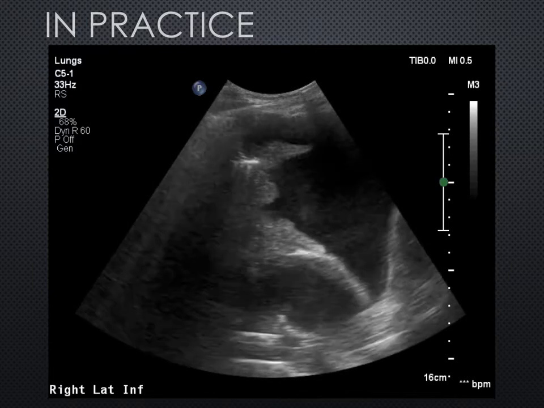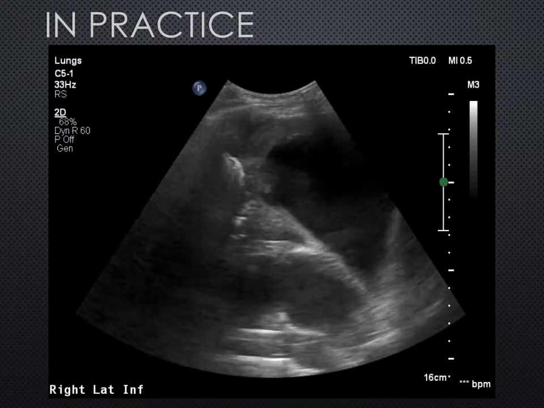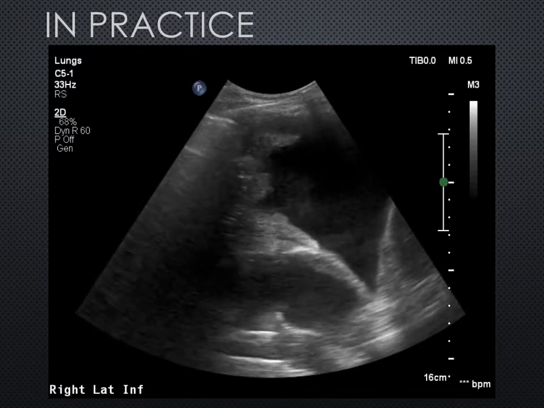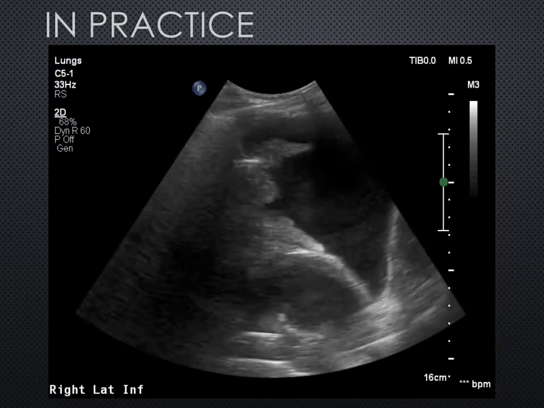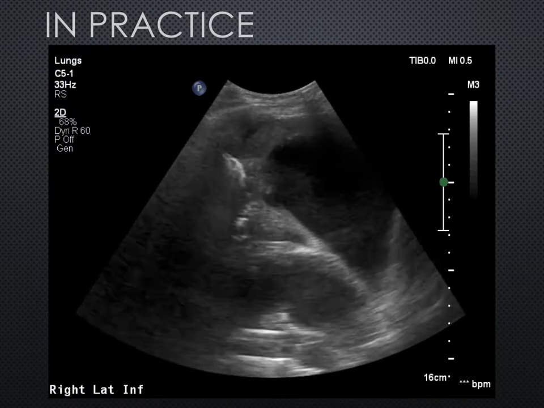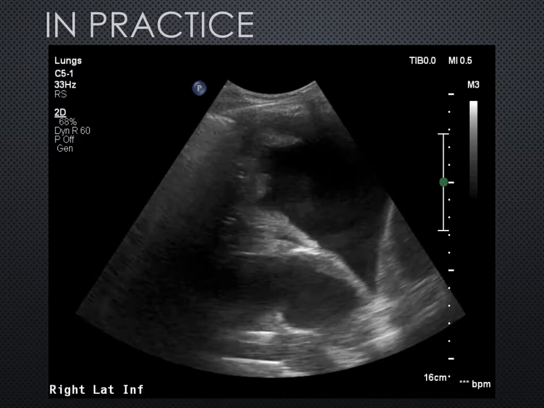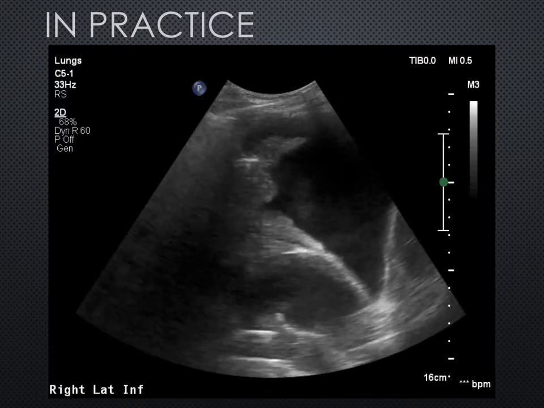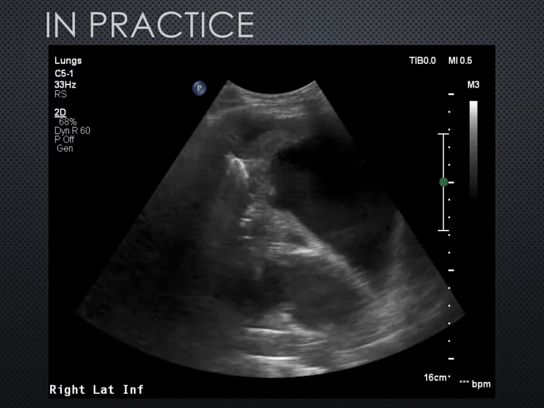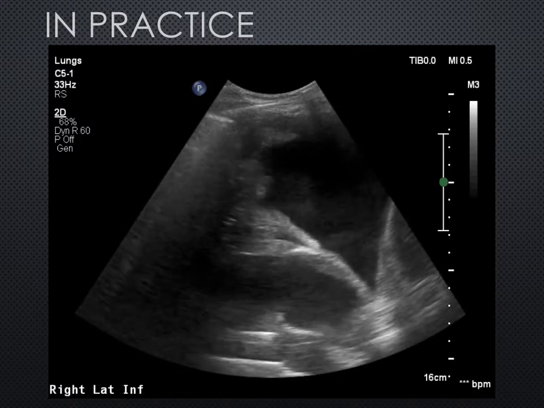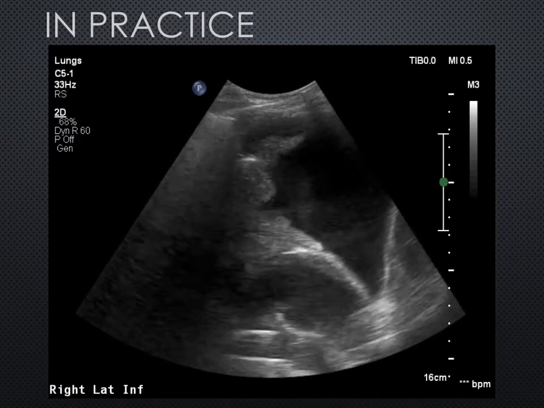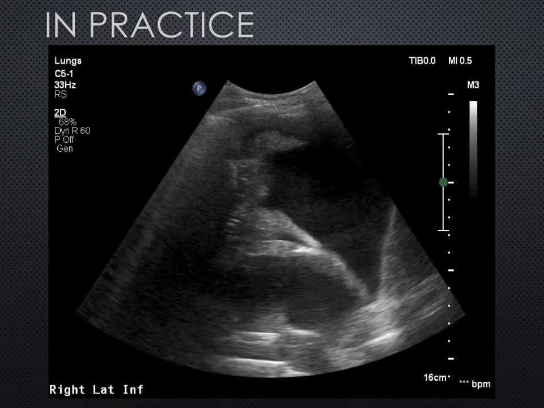You can just see some B-lines coming in, some consolidation, and then some dark black fluid below. So probably would benefit from draining this fluid. It looks like a moderate to large size effusion that might help to open up and aerate that lung a little bit better, without having that fluid compressing the lung at the base there as well.